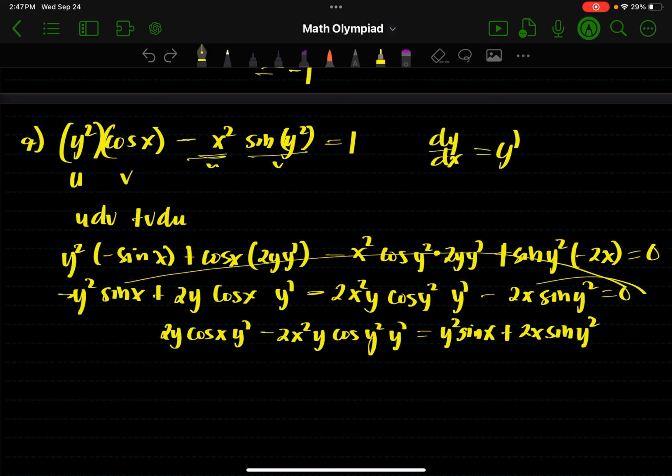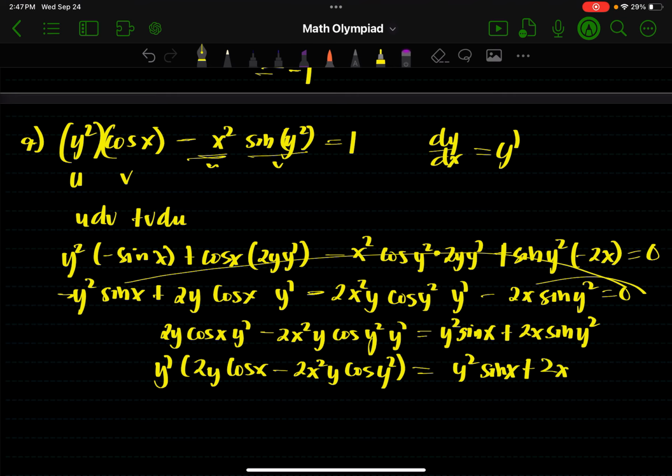Okay. Then factor out y prime times 2y cos x minus 2x squared y cosine y squared equals y squared sine x plus 2x sine y squared.